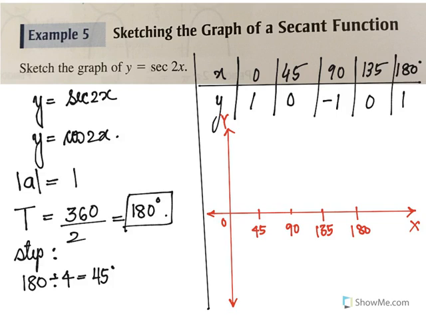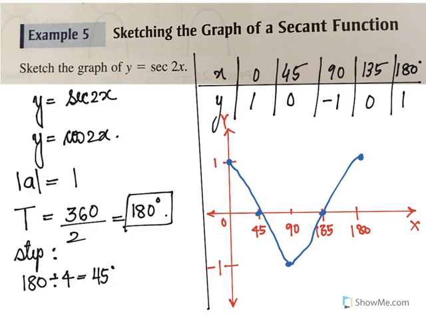Okay, so for the cosine graph, let's say this is your 1, this is minus 1. I'll just plot the first point, that is 0, it is at 1, 45 at 0, 90 is minus 1, this is 0, and here it is 1. So here we go, the shape of the graph. It should be a smooth curve without lifting your pencil.